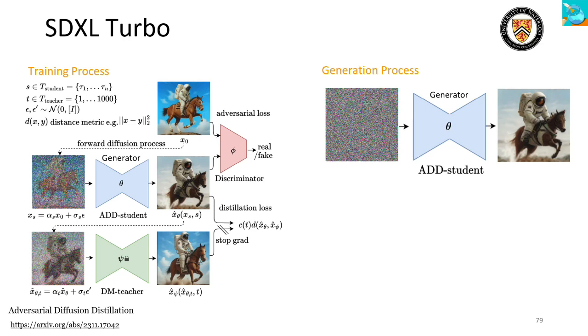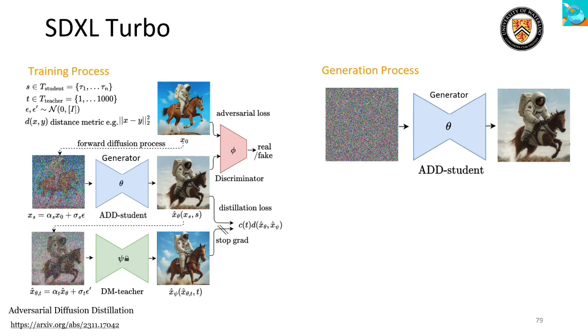Then you get the XS here. Then it gets passed into the generator, which is the student model. We're going to train this. And it will generate an image that looks like what we wanted here. Then it gets fed into the discriminator to tell whether it's fake or not.